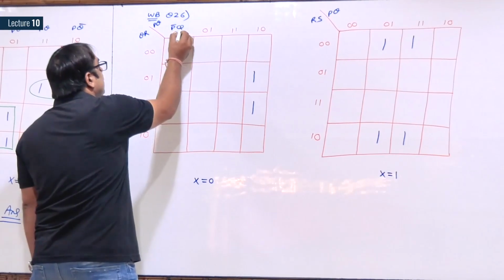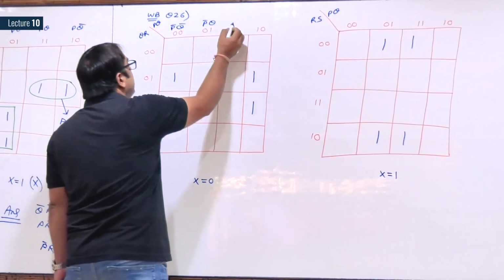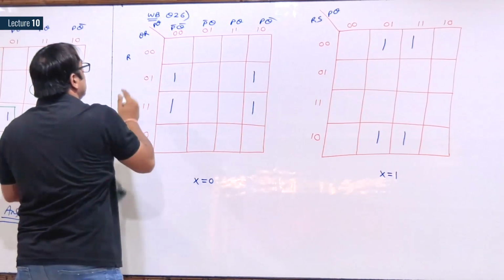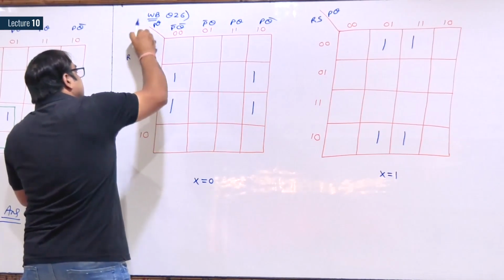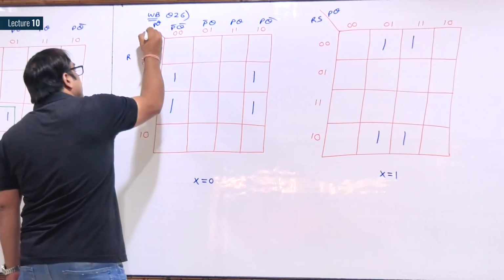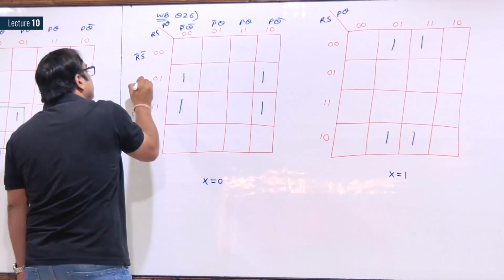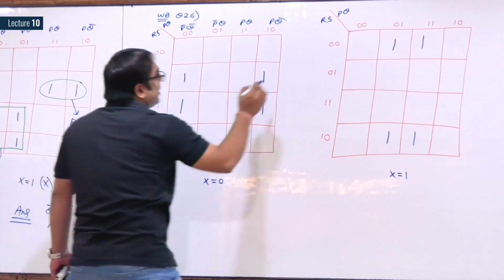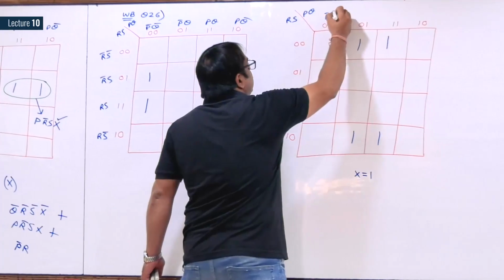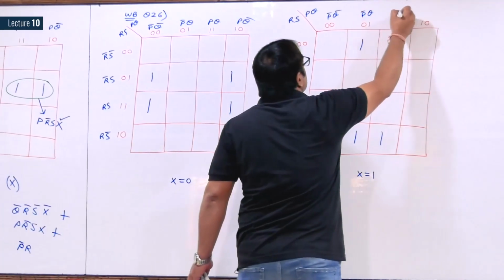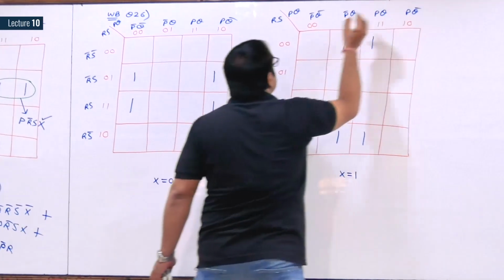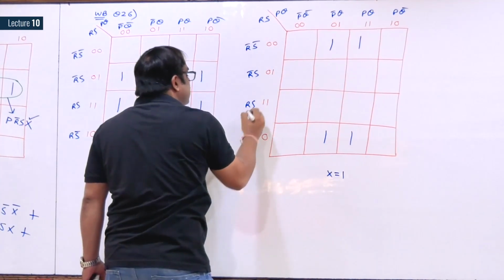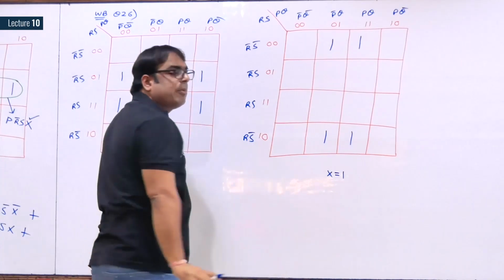So this is P complement Q complement, P complement Q, PQ, PQ complement, and this is RS. So it will give you R complement S complement, R complement S, RS, RS complement. Same here: P complement Q complement, P complement Q, PQ, PQ complement, R complement S complement, R complement S, RS, RS complement.